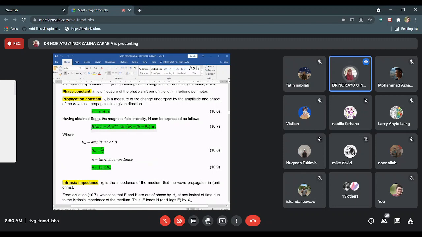Next, we have the equation for the magnetic field. H(z,t) equals H naught e to the power of minus alpha z sine of omega t minus beta z minus theta n. Theta n is the intrinsic angle, and the direction of this H is a_y. So the direction of E just now was a_x, but for H the direction is a_y.